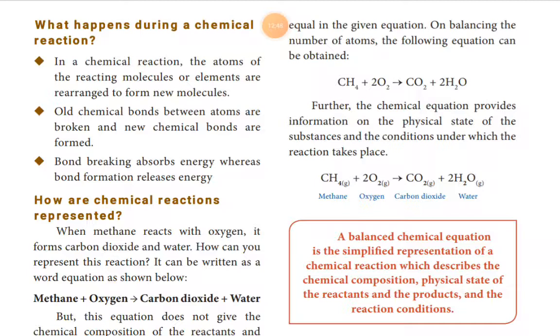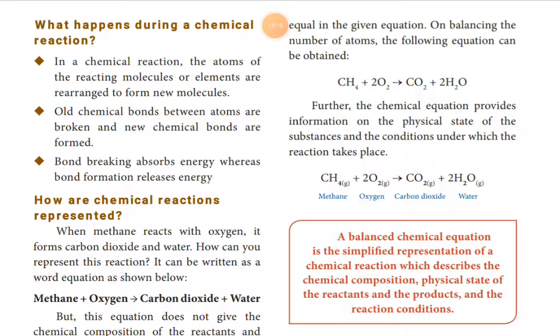That is, it absorbs energy. That's why we have to supply some external energy, heat or pressure, or supply a catalyst. These are some external forces applied for the breaking of old bonds to give new bonds.